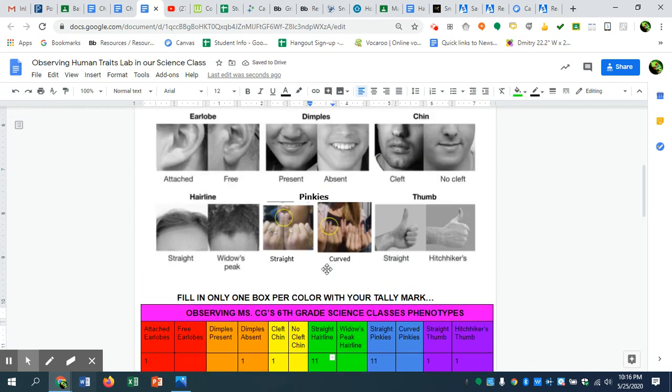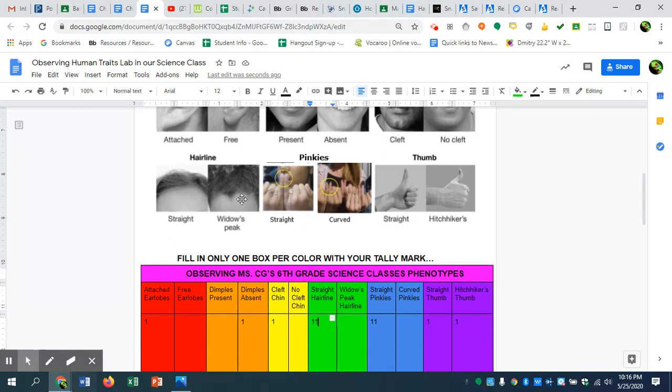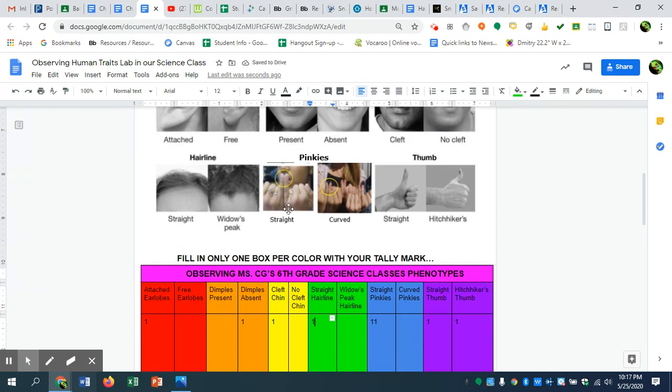Straight hairline. If you look at your hairline, you have to look in the mirror. If you have just a regular curved hairline, that's called a straight hairline. If it comes to a point, that's called a widow's peak. So depending on what you have, you either put it under straight or widow's peak. Pinkies: when you hold your pinkies up next to each other, do they line up or are they crooked?